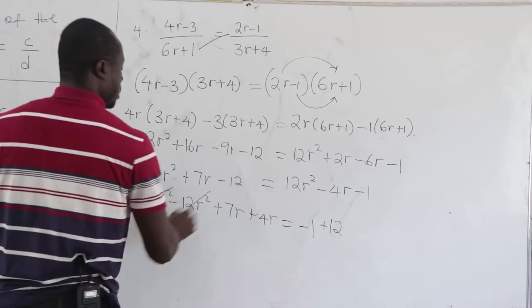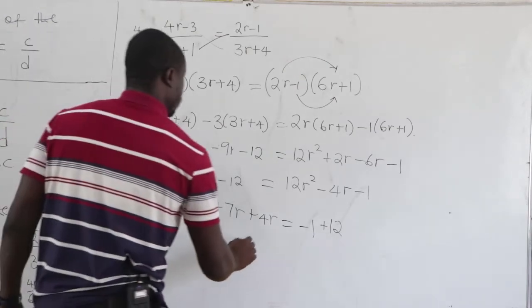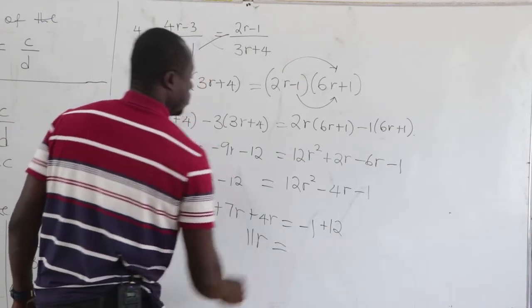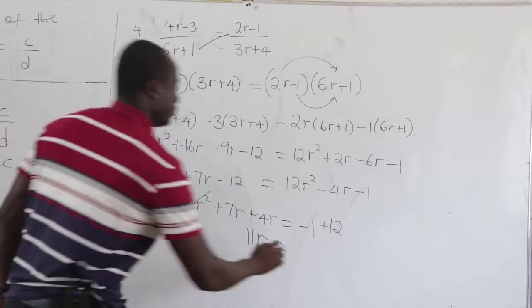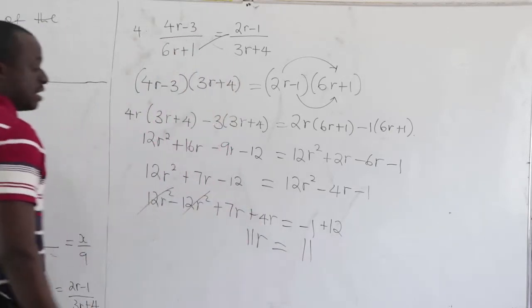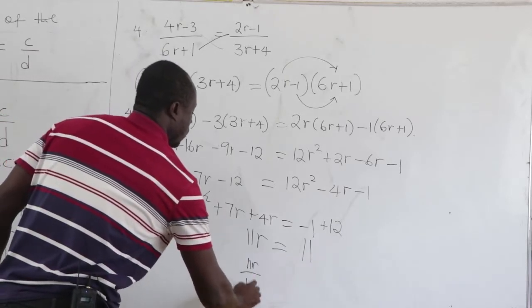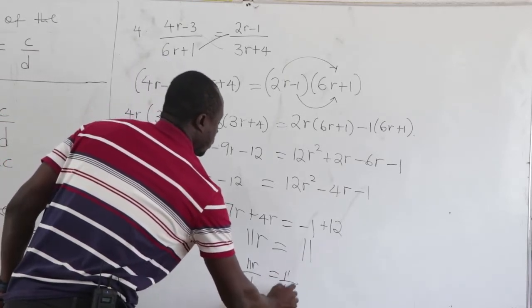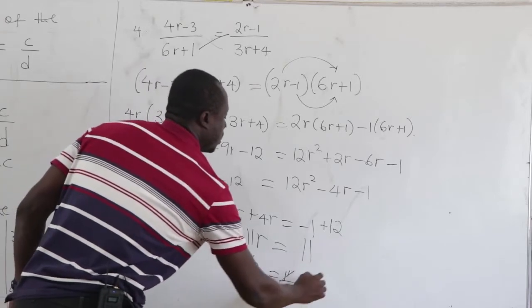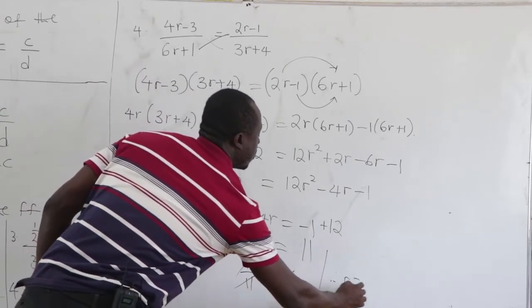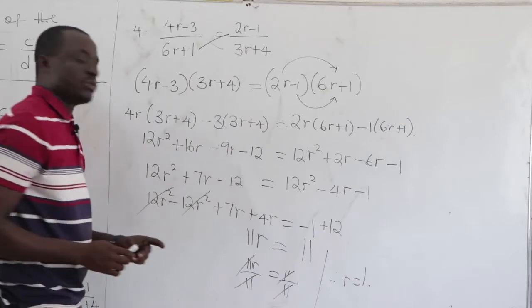Now this and that is cancelling out. 7 plus 4, that is 11r, equal to negative 1 plus 12. This is giving us 11. We want to find r. So you divide both sides by the multiple. So 11r all over 11 equal to 11 over 11. Clearly, therefore, we have our r to be equal to 1.